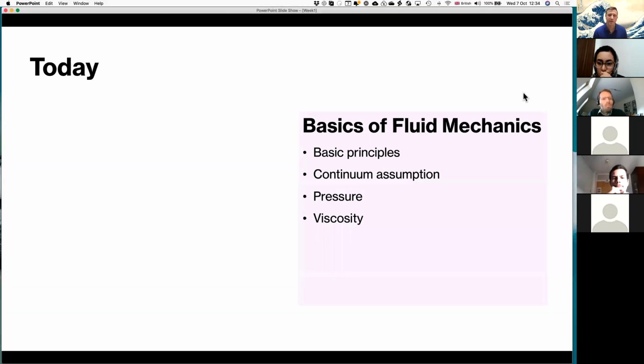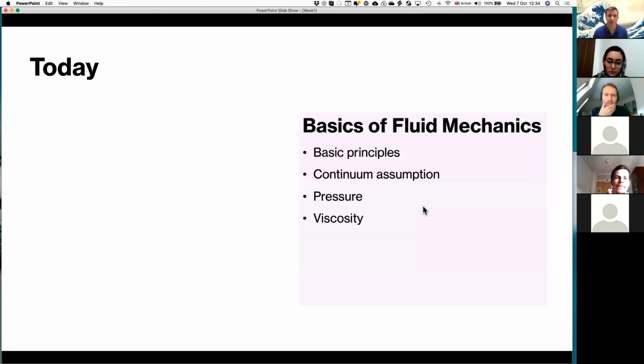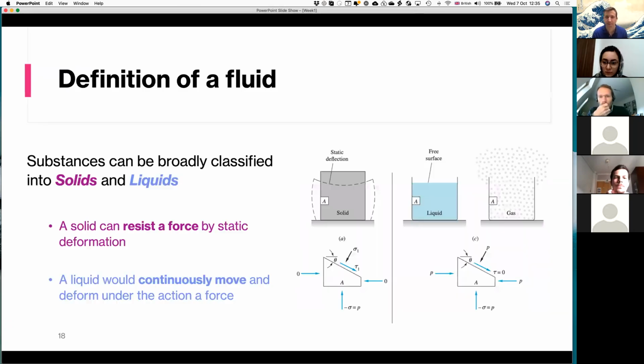So we're going to very quickly start with some of the main concepts of fluid mechanics, just to introduce you, pick out some of the important ones. Just to emphasize, we do rely on you to look at the content. There's quite a lot in this first week. There'll be less in the future weeks. If you do have any questions about it, just let us know.